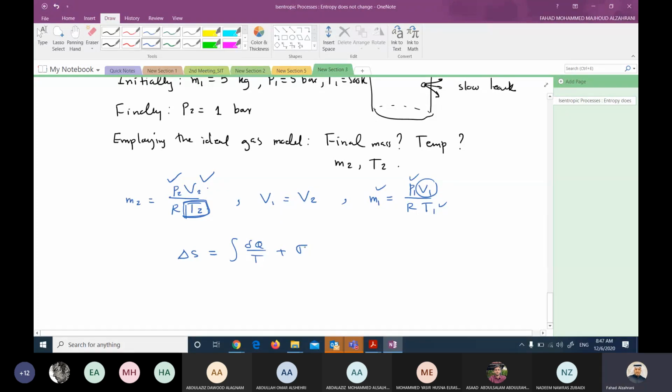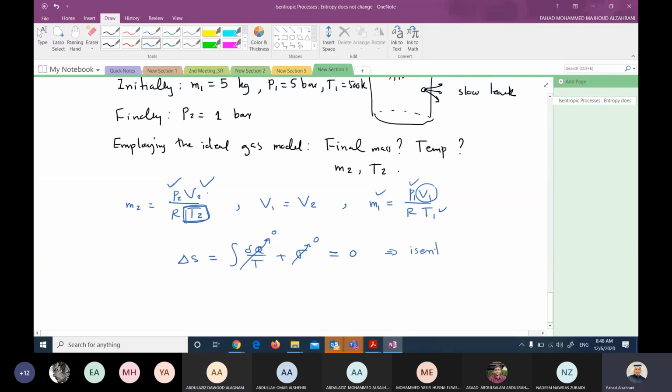This is a well insulated tank, so there is no heat transfer, so this is 0. I did not tell you there is any entropy generated within the system, and this is an ideal gas, so I can consider this equal to 0. That means delta S equals 0, which means I can consider it an isentropic process.